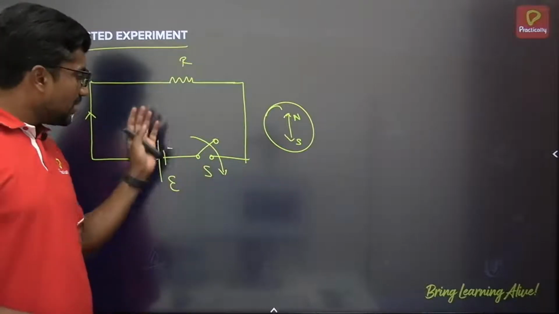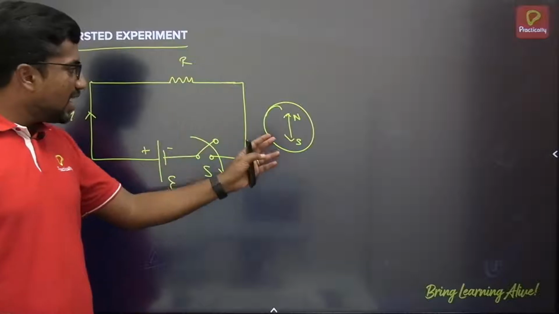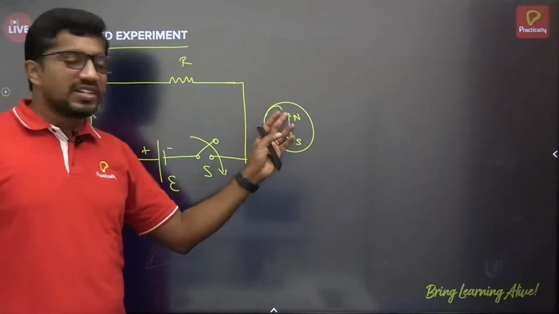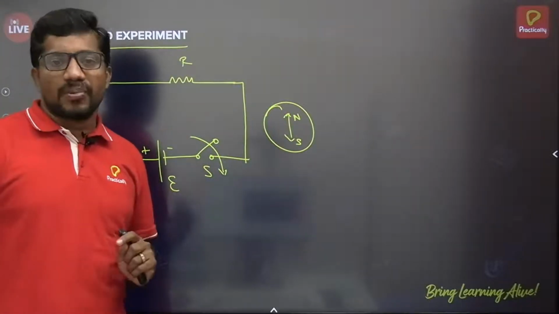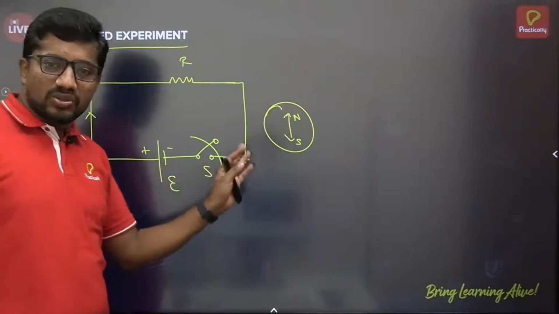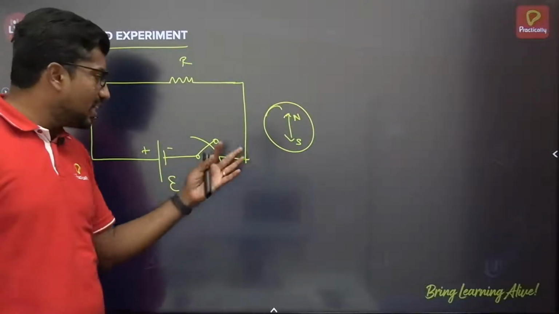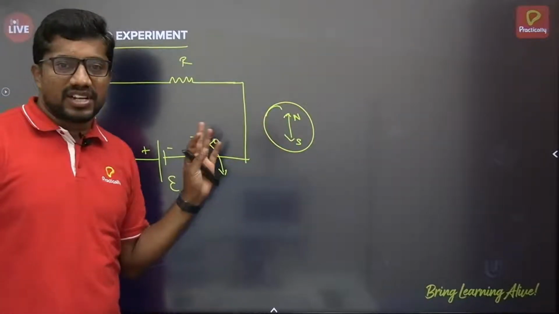When the circuit is turned off again, the deflection goes away, the needle comes back in the opposite direction, and it is stationary.